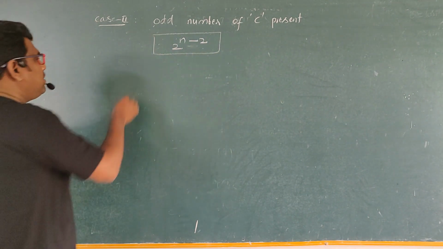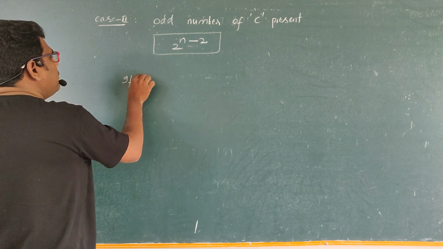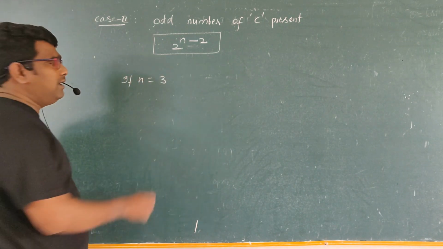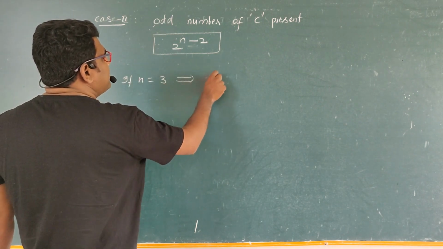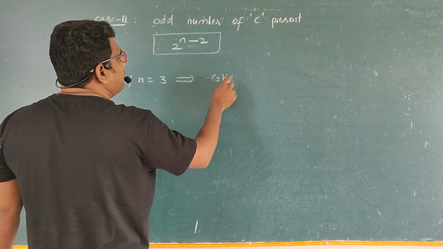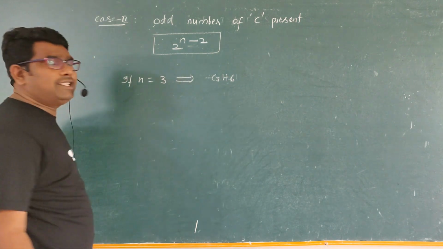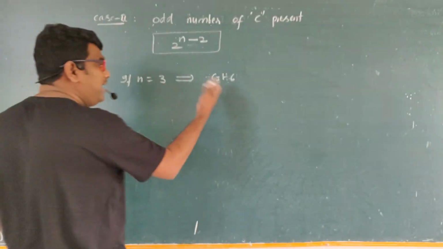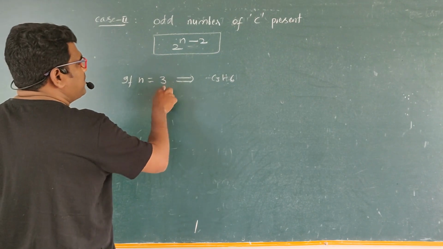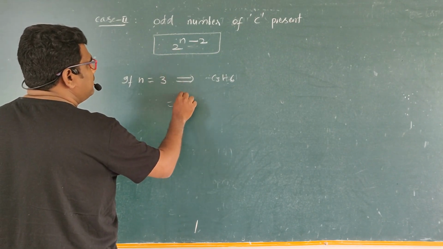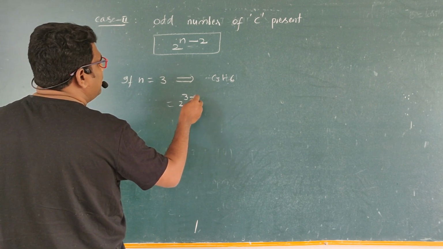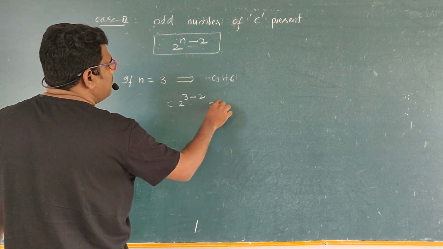Okay, my dear student. So if n is equal to 3, an odd value, what is the molecular formula? C3H6. Why? Because the general formula is CnH2n. That is C3. How many isomers? Substitute here: 2 power 3 minus 2, that is 2 power 1.